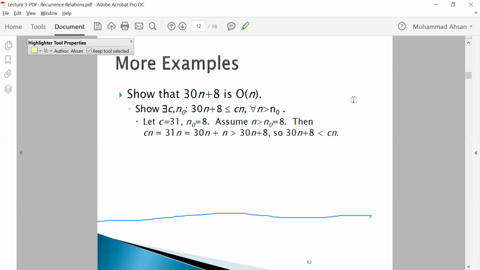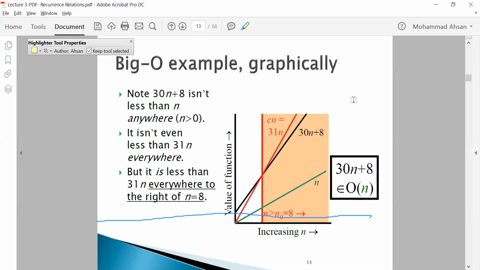So 30n plus 8, again, is less than or equal to cn. For c equal to 31, this is true, and n0 equal to 8. Okay, you can get that from the equation. So if you see, for this problem, they have drawn the graph for cn equal to 31n, and 30n plus 8, and n.